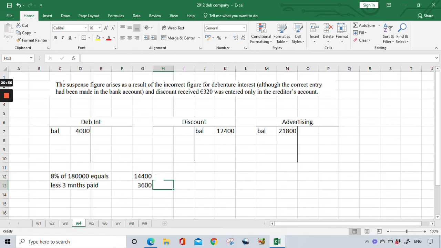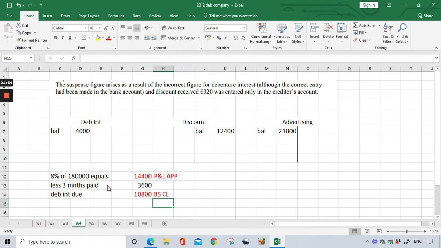Another way to do it, that divided by 12 multiplied by 3 gives you the figure debenture interest due for the balance sheet. So that minus that gives you that. So these figures, this figure here and this figure here, are going to be our figures. So this one, P&L appropriation, debenture interest for the year. This one, balance sheet current liability, debenture interest due.